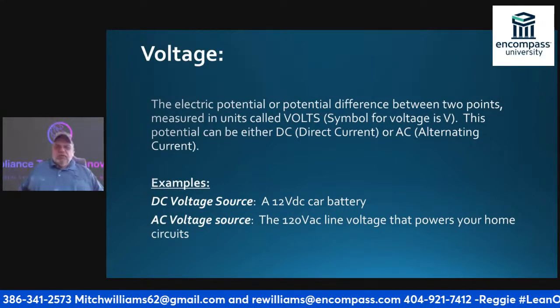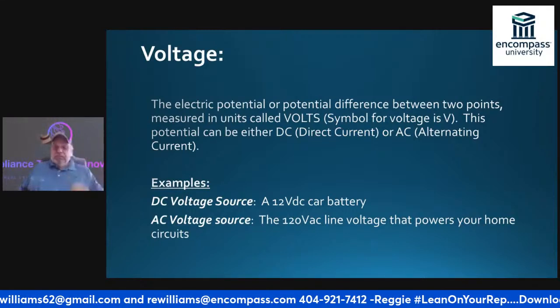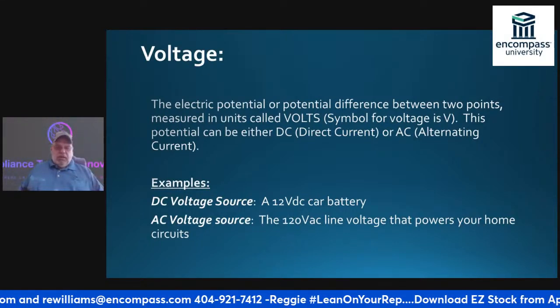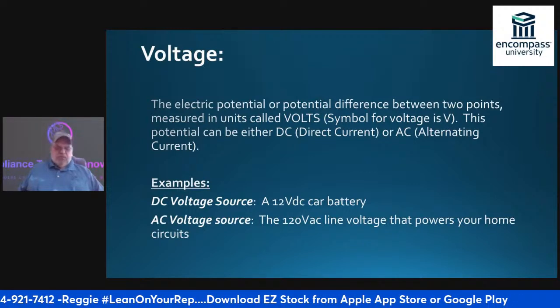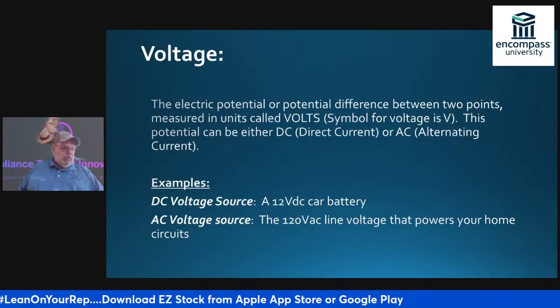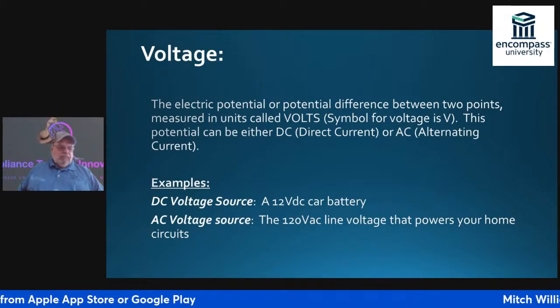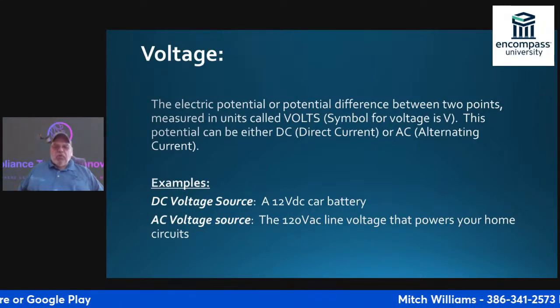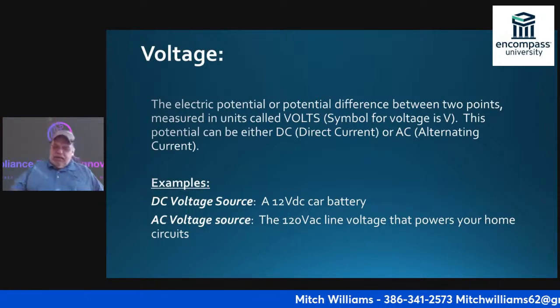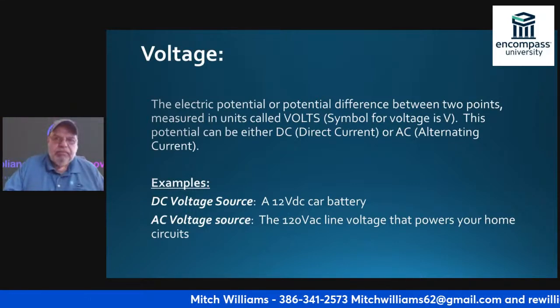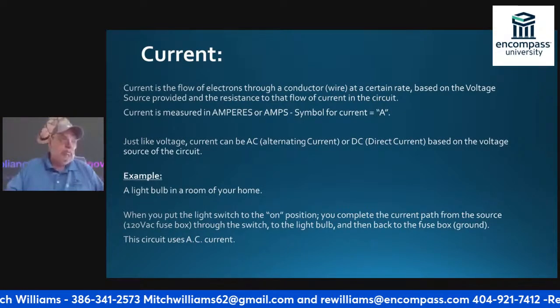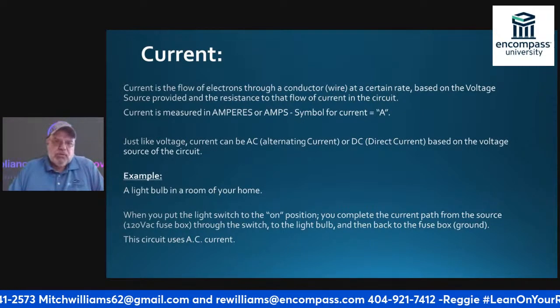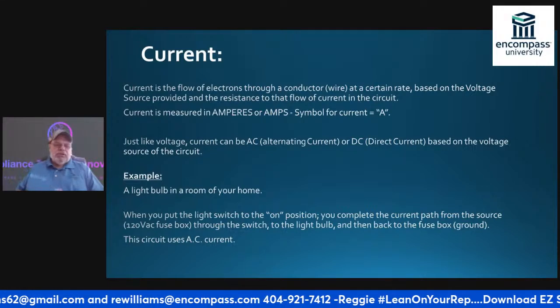That will blow your fuse in your meter. Also, if I'm trying to measure resistance and I have not unplugged the component, I will blow my meter, because you've got it set to ohms and you're not measuring resistance.